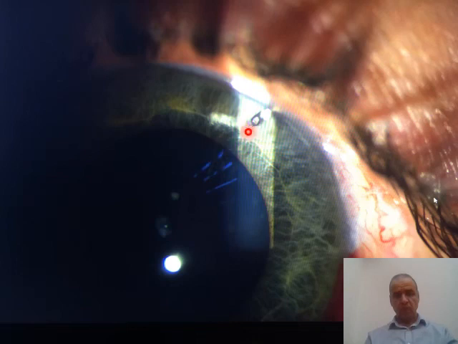This is another device which is called Ex-PRESS valve. This young patient underwent trabeculectomy with insertion of Ex-PRESS valve because the intraocular pressure was 38 millimeters of mercury with maximum medical treatment, and this is the indication for surgery for this patient.